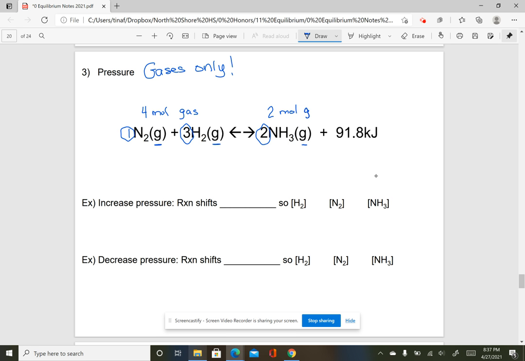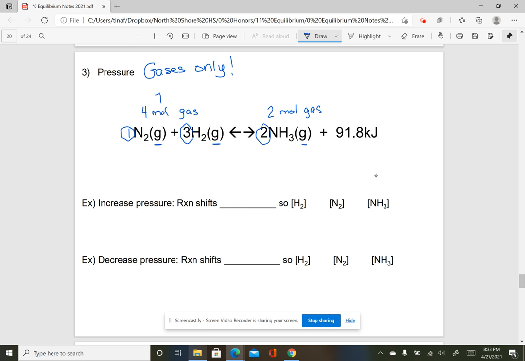Now I want you guys to think back to the pressure unit. Pressure comes from the number of collisions the particles have against the walls of the container. So which side is going to produce more pressure, the side with more gas or the side with less gas? Hopefully, you're thinking the side with more gas.